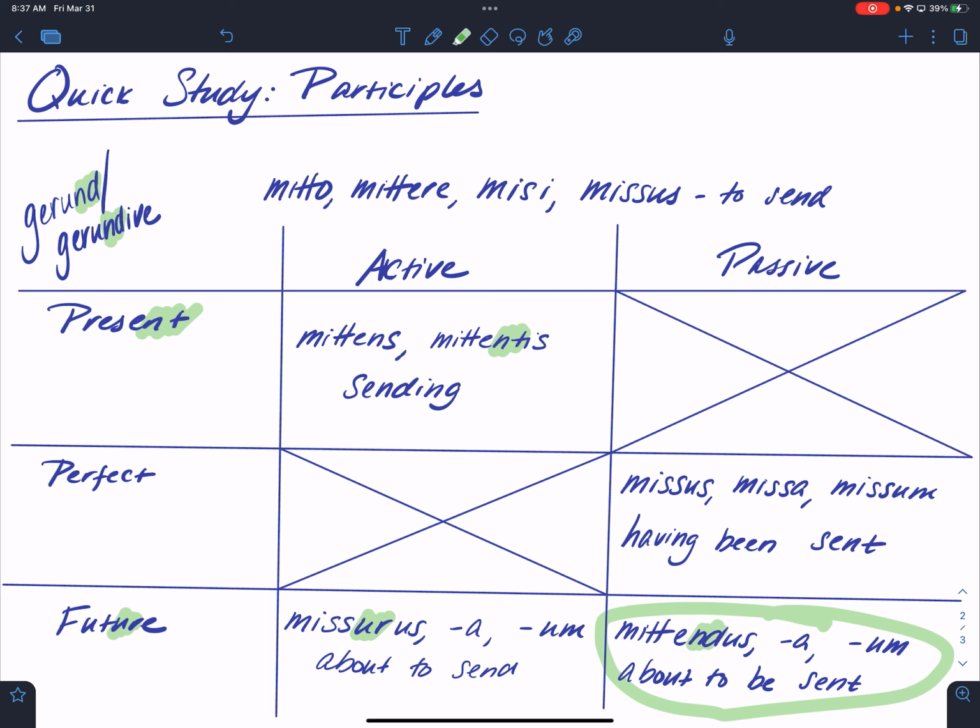So if you have a word that looks like a verb with adjectival endings and it's got an ND, it is either a gerund or gerundive, also known as a future passive participle. Those are super helpful little shortcuts to recognizing them. They're really not that hard to find once you get accustomed to them. Any questions?